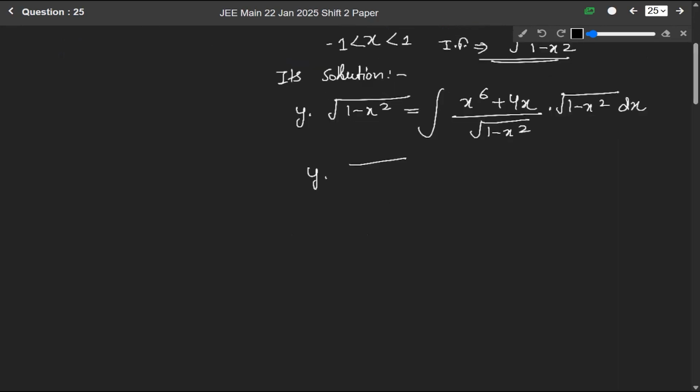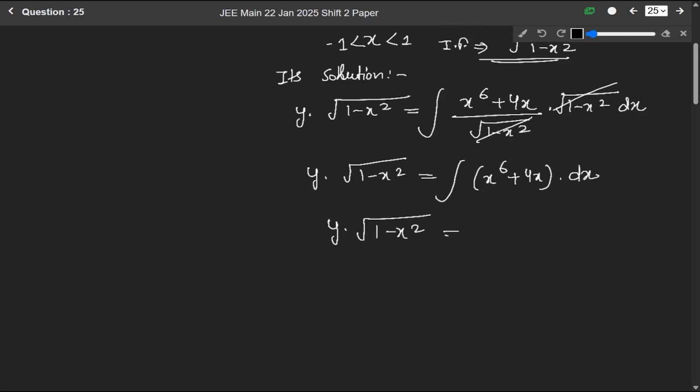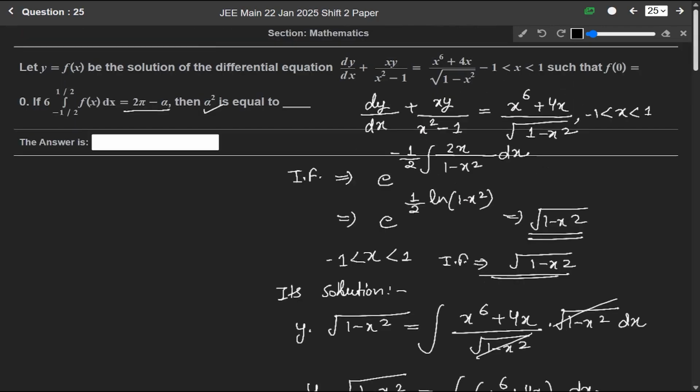So y into under root of 1 minus x square will be equal to the integration of x^6 plus 4x dx. So y into under root of 1 minus x square will be equal to x^7 over 7 plus 2x square plus c. Okay. And also it is given that f(0) equals 0.